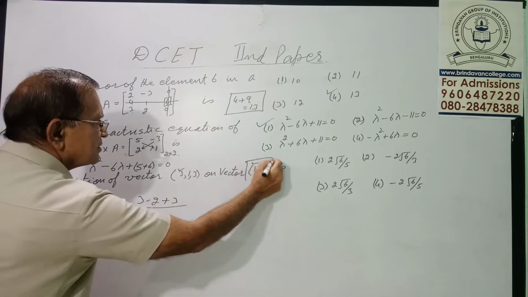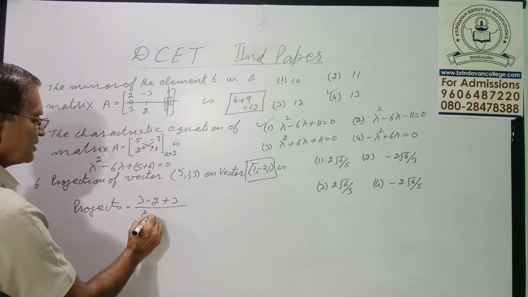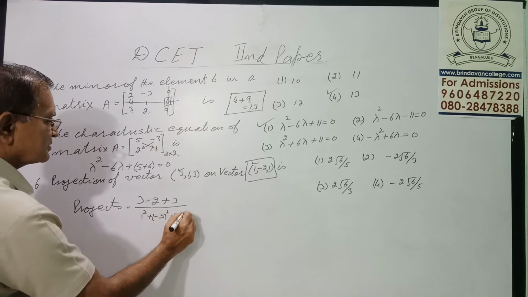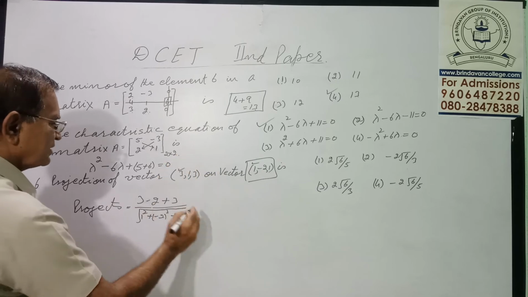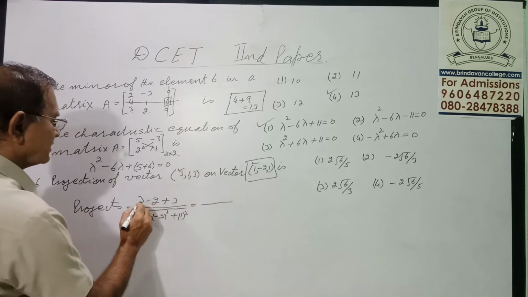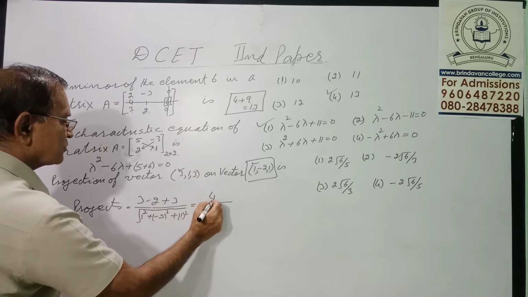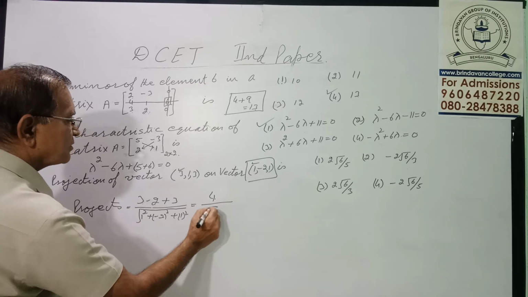Then the modulus of this: square root of 1 square plus minus 2 square plus 1 square. Even no need to write the square and all that, directly do it. So we'll get here 6 minus 2, that is 4, over root of 1 and 4, 5 and 1, 6. A root of 6.